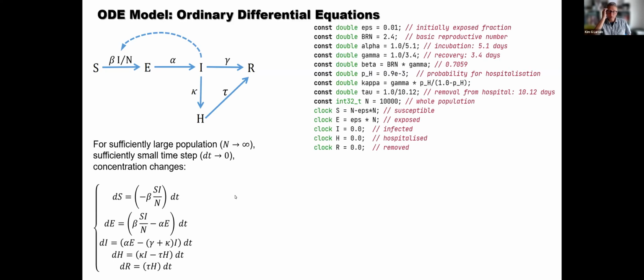So if you want to represent that in Nuport, well, you first declare all the relevant constants that you think are the good ones. So here, actually, the beta, where do we have it? The beta component here is actually gamma times this R0, and gamma is this 0.3.